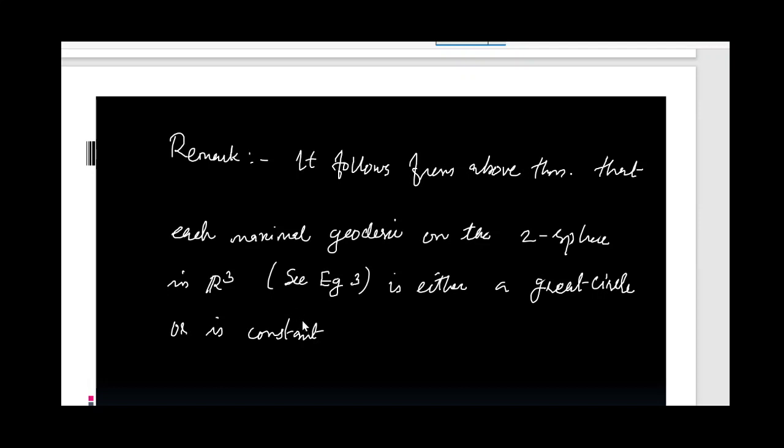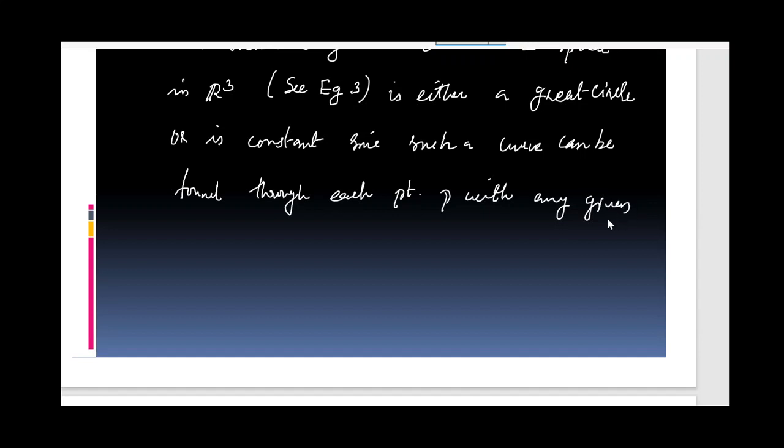since such a curve can be found through each point p with any given initial velocity.